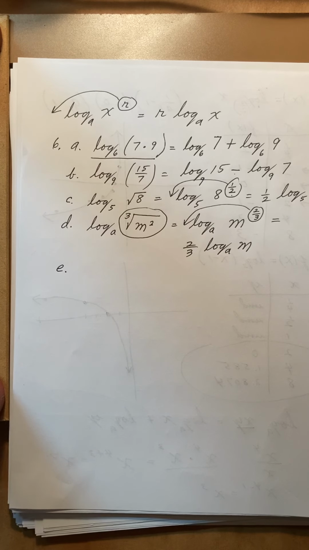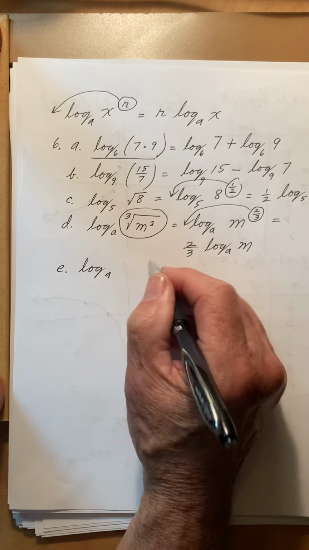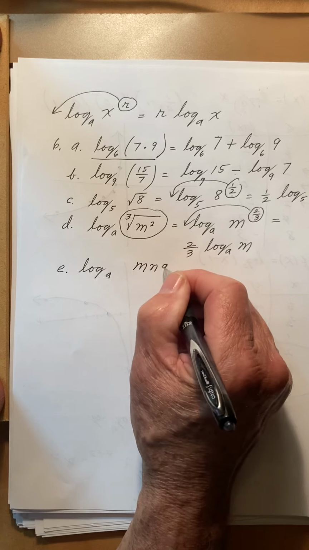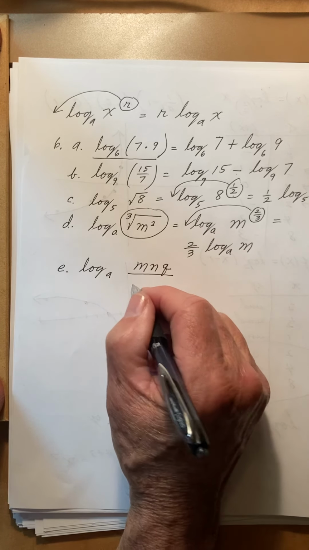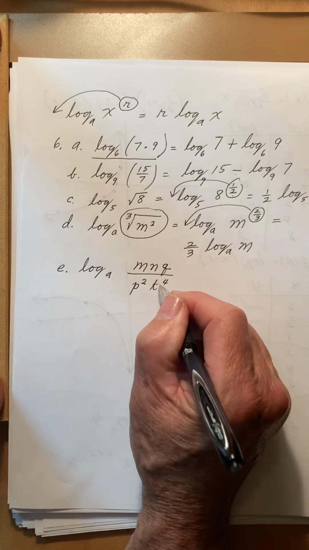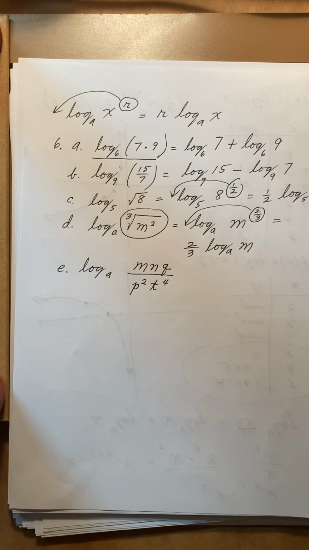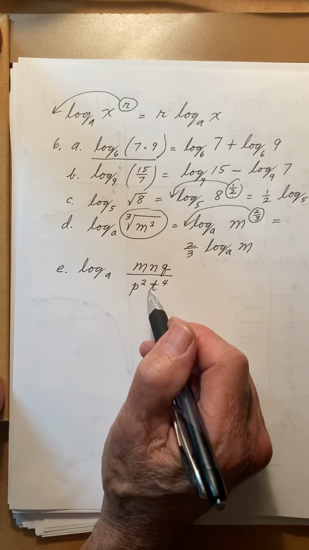I did E instead of D, so I'll do D now. Log base a of m n cubed over p squared t to the 4th. So we have a combination here, actually, of products and quotients.